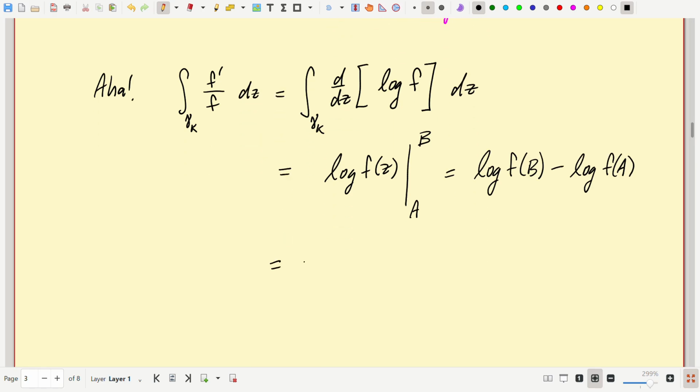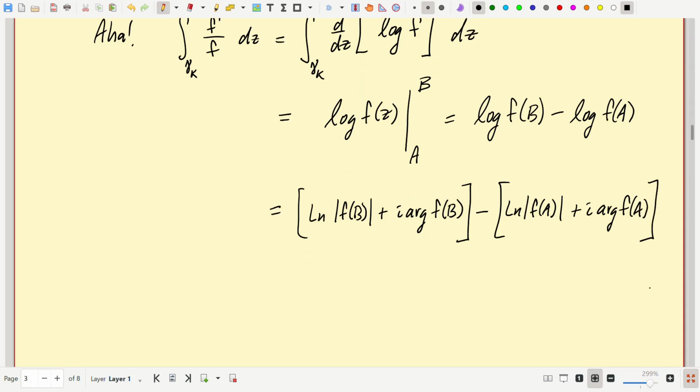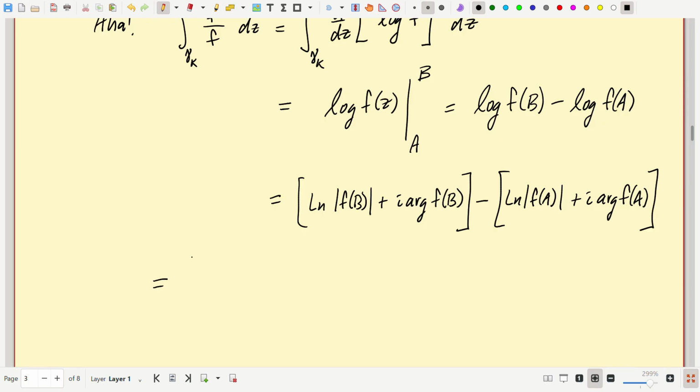Okay, and this first one would be the natural log of the modulus of f of b plus i times whatever the argument of f of b is, minus the natural log of the modulus of f of a plus i times the argument of f of a. So I get log of f of b minus log of f of a.